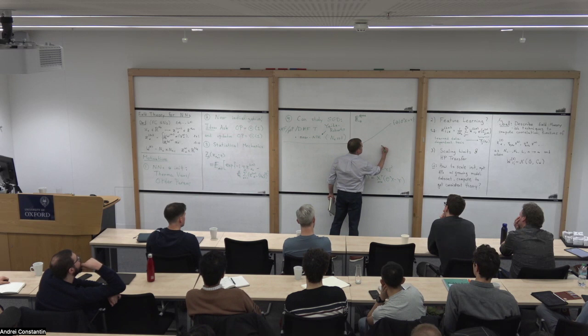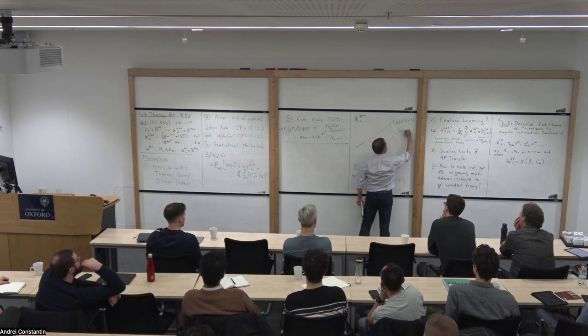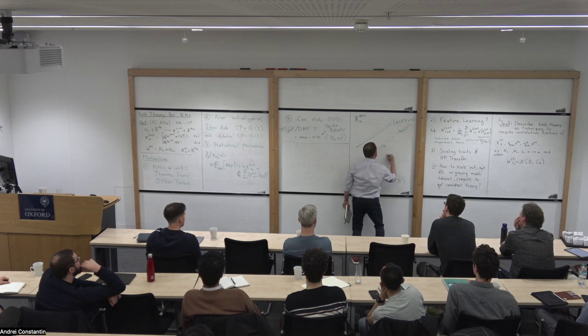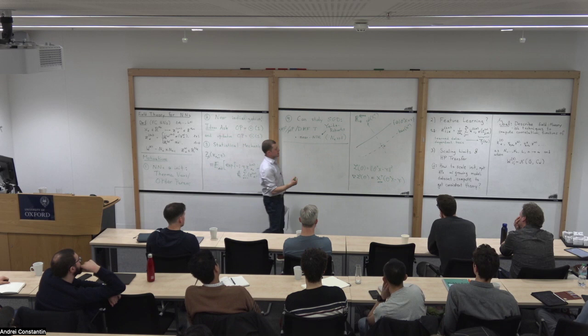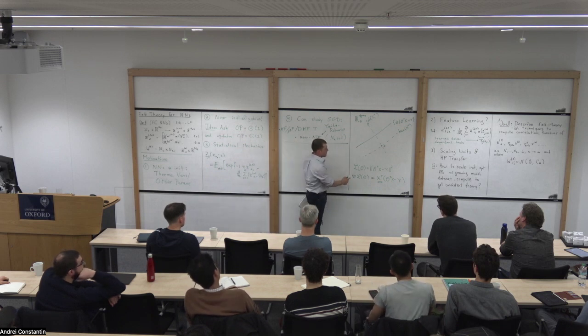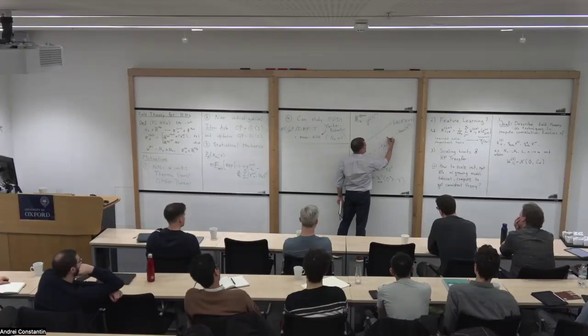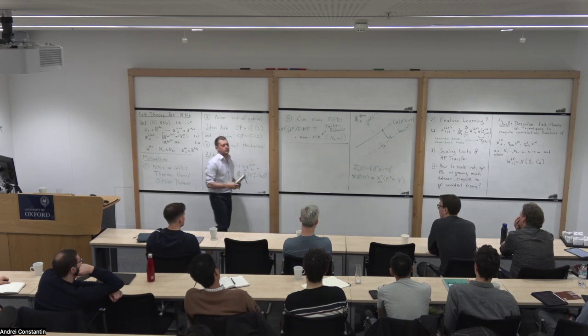There's the kernel of X transpose and the column space of X transpose. This tells you your optimization algorithm doesn't go off to infinity. No matter where you start, at theta 0, you're just going to project orthogonally onto the space of interpolants.